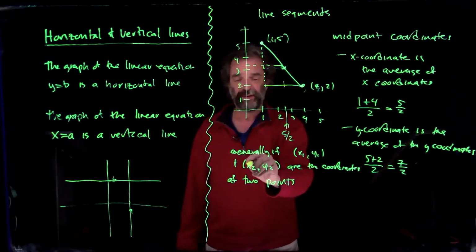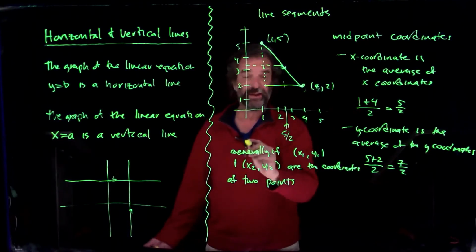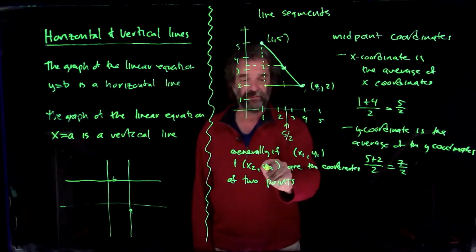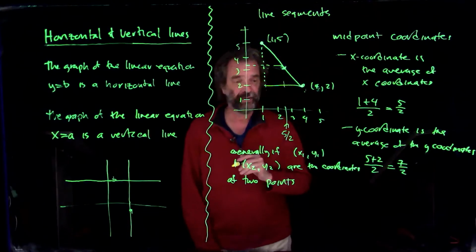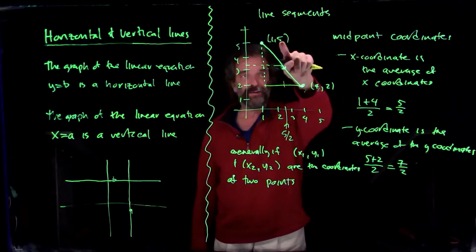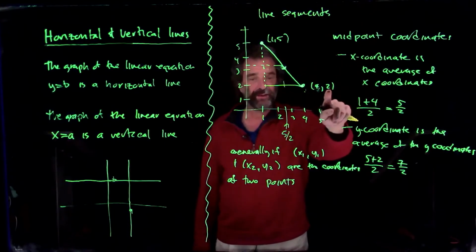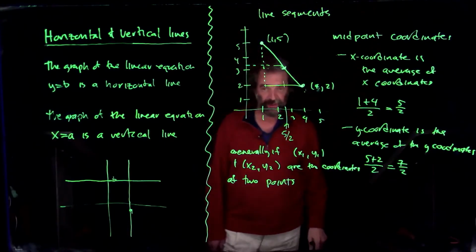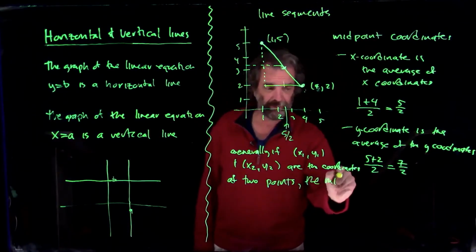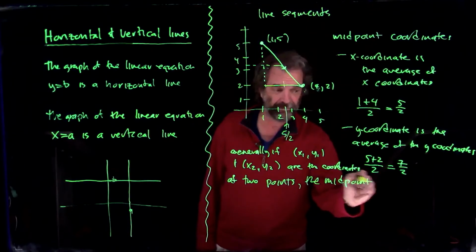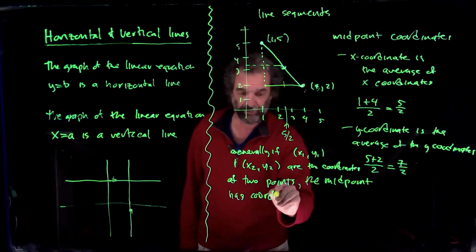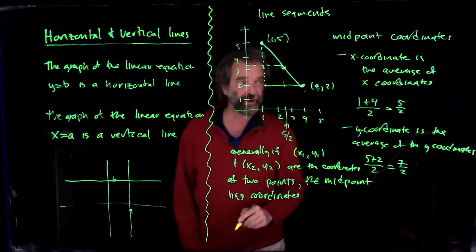The x there is to remind you that number is supposed to be an x-coordinate, even though it's in the first spot, you would already know it. And the 2 says it's for the second point, and y for y and 2 for second point. So if we had those kinds of values, like x1 is 1, and y1 is 5, x2 is 4, and y2 is 2, and then we want the midpoint, it has coordinates that are going to be the averages.